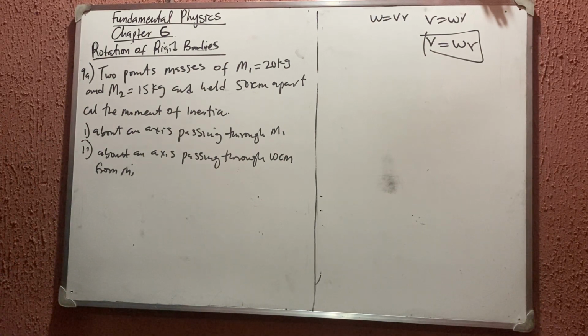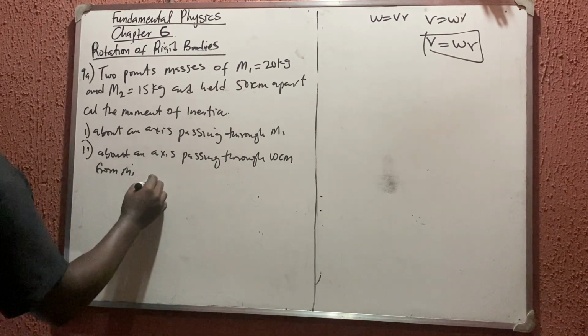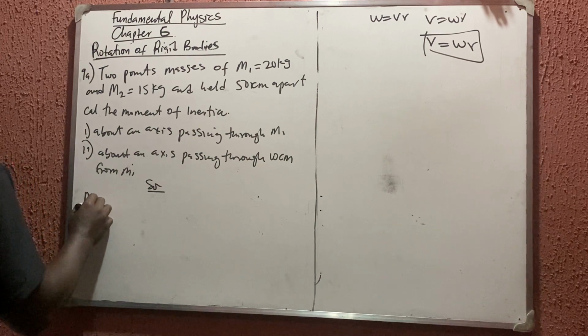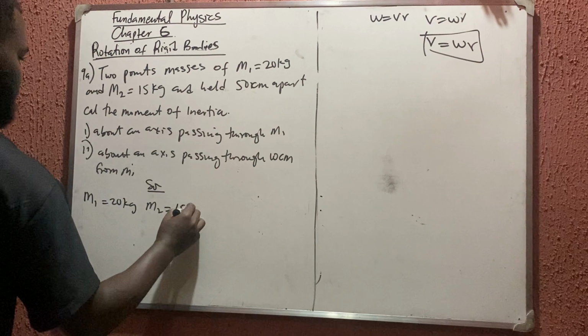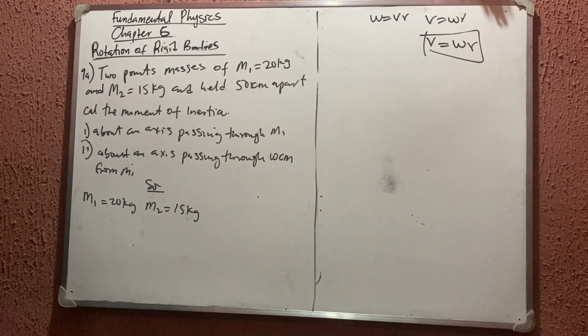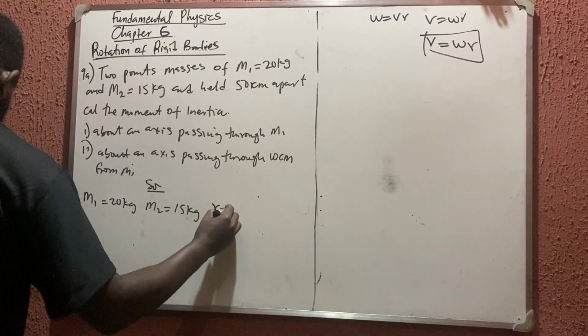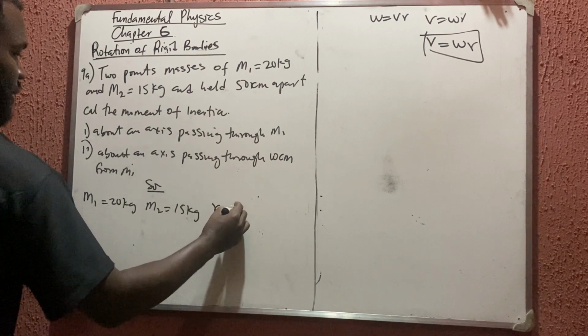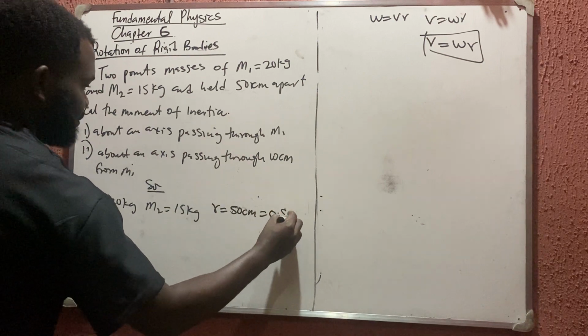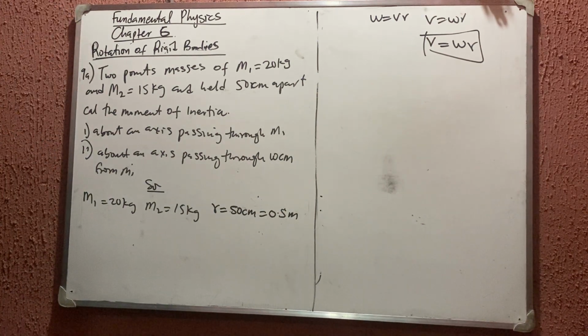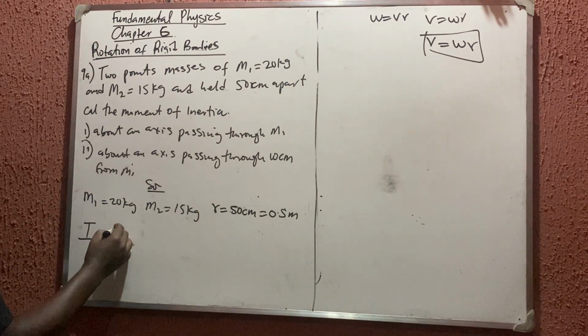So to calculate the moment of inertia about an axis passing, let us get our parameters first of all. Solution: they gave us our M1 to be 20 kg, our M2 to be 15 kg, and our R, the distance apart, is equal to what they give us? 50 cm, which is 0.5 meters. That is divided by 100. Okay, 0.5 meters. Now the moment of inertia of M1 is equal to what?